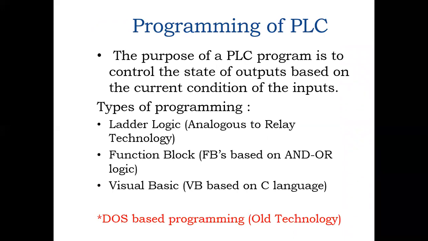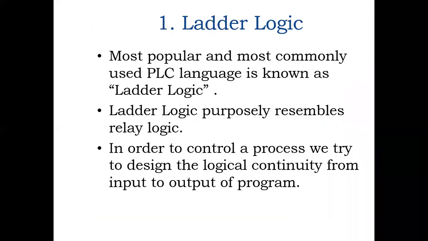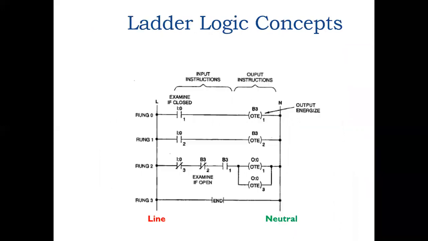Types of programming methods in PLC are ladder logic, functional block, and visual basic. The most popular and commonly used PLC logic is ladder logic, which purposely resembles relay logic. In order to control a process, we design the logical continuity from input to output program.